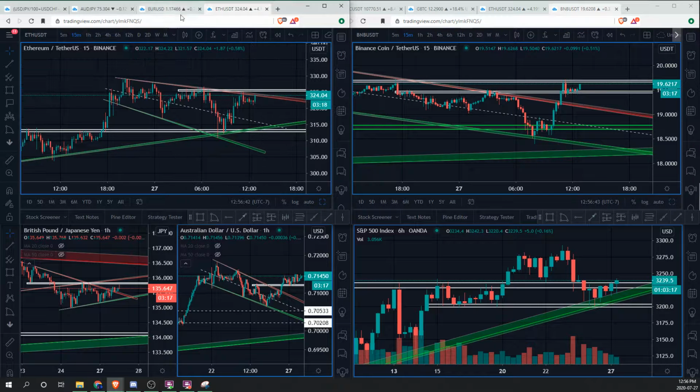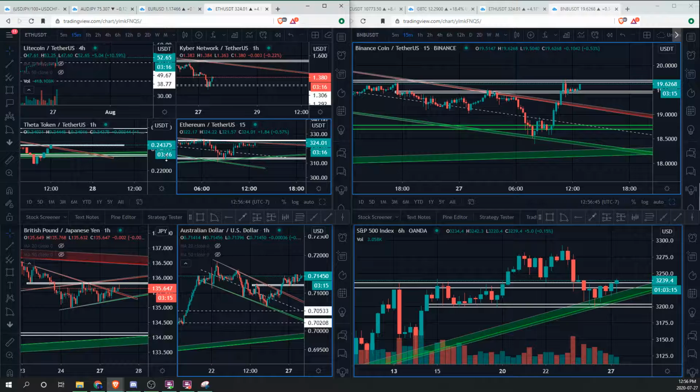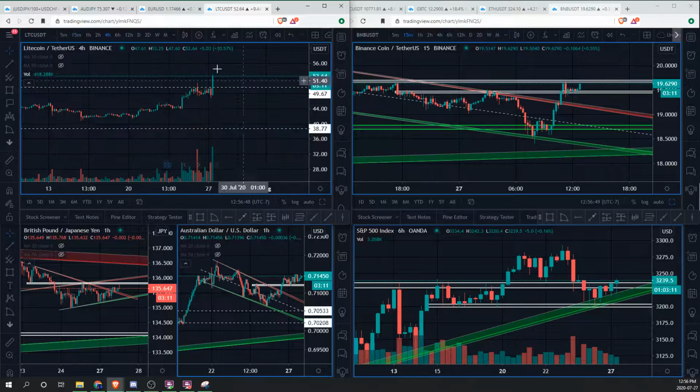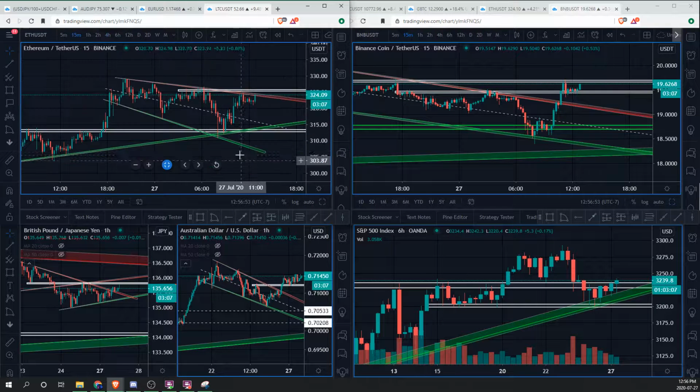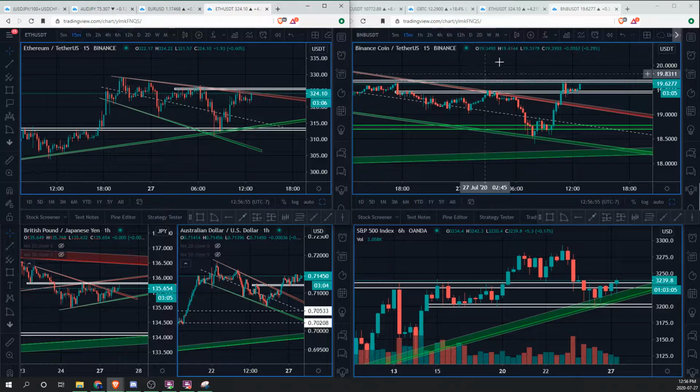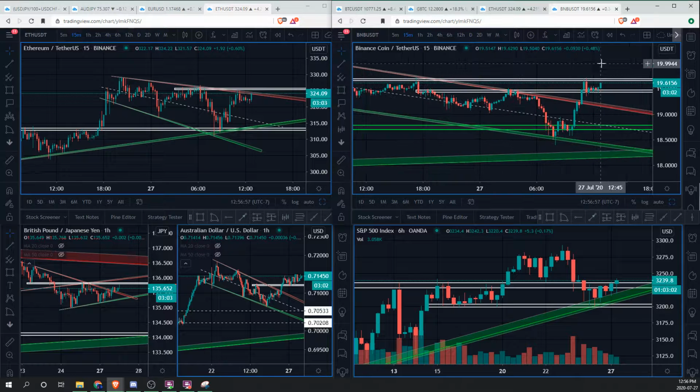Ethereum also is looking really strong. But Litecoin, not as much, just because of the fact that it hasn't been strong recently, whereas Ethereum has been very strong. BNB has been strong. VeChain. We're talking about like daily, 4-hour, weekly time frame. So yeah.